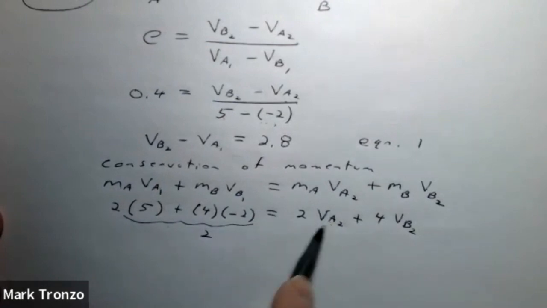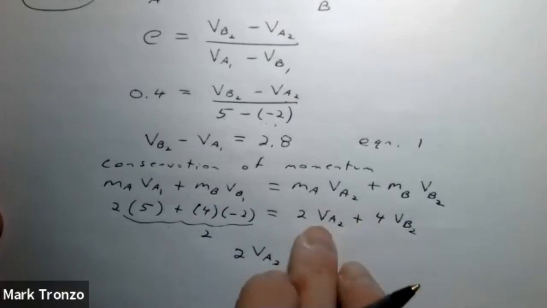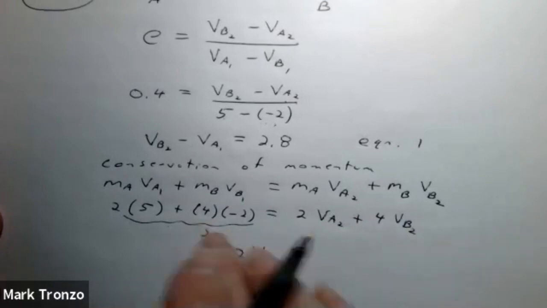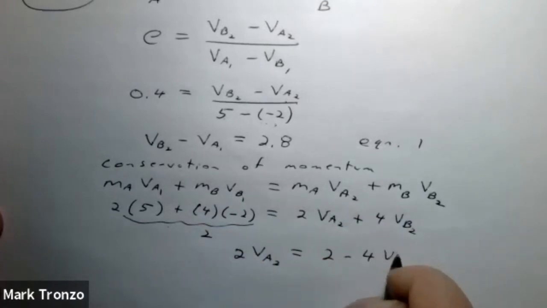If we bring VA to the left and bring this to the right, that'll be 2 VA2 equal... or actually I'm going to keep this here and then move that over here. So it'll end up being like 2 minus 4 VB2, like this.